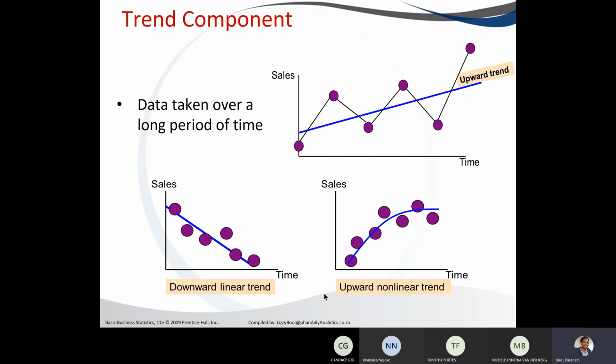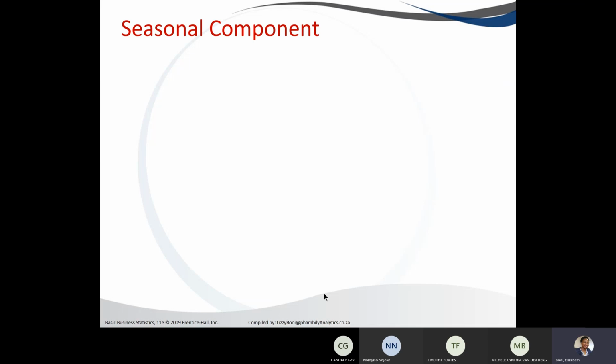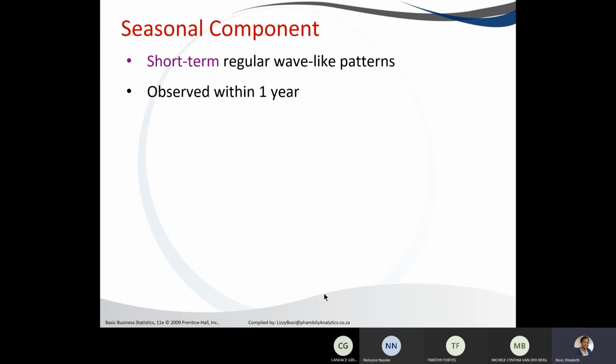Then we also have an up-down, which follows a quadratic type of pattern. We call this a non-linear trend, where it is going up and then it tries to go down again as well. So these are the trend components. And then we also have the seasonal one. Remember the seasonal one, where it looks like a wave pattern, or it happens over a certain period of time.